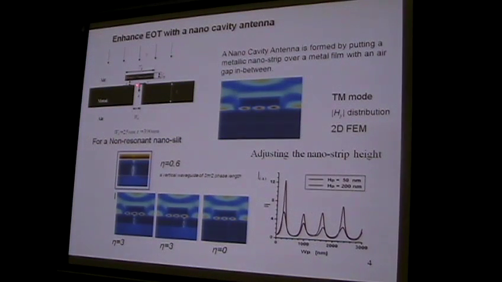So now we have the opening of the thin film, and see what happens.